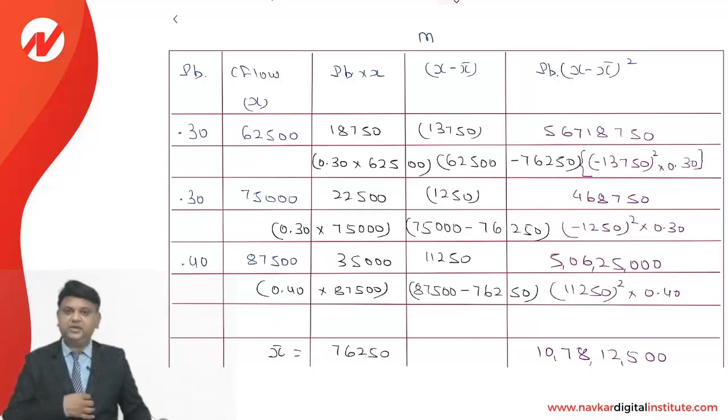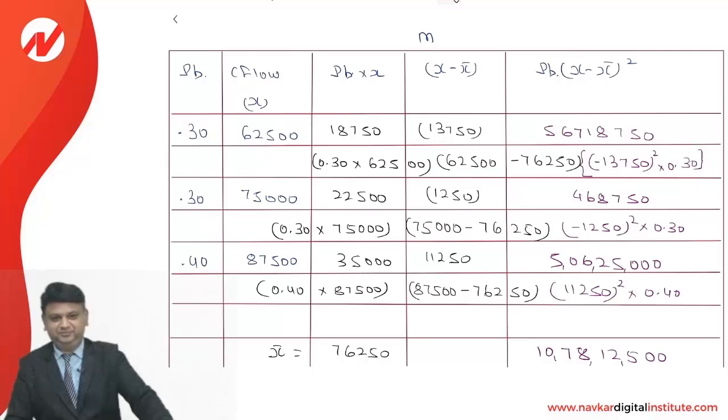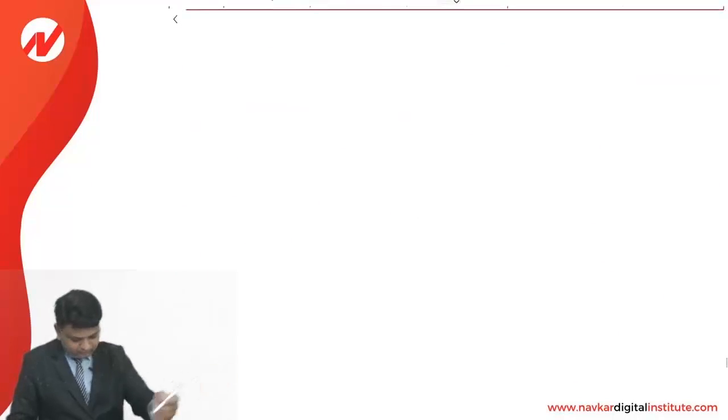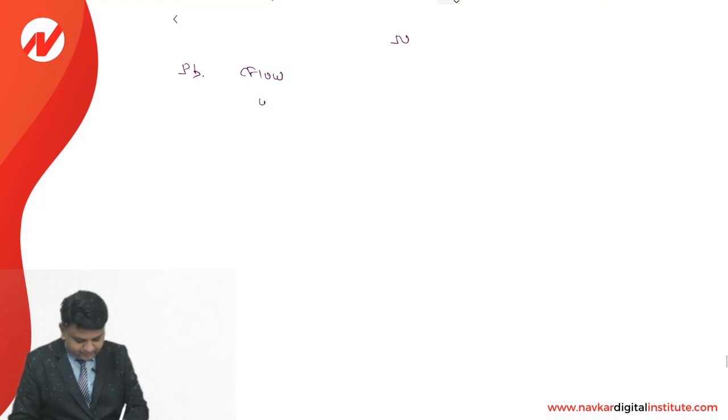We'll do the similar working for N. So after M it will be N, for which we will be doing the answer. Same columns. Column number 1 is probability. Column number 2 is cash flow. We assign Y variable to it.